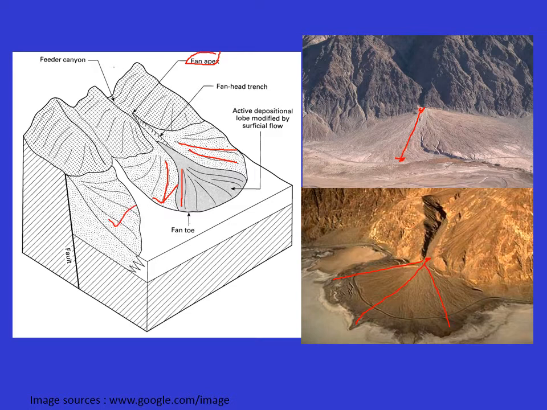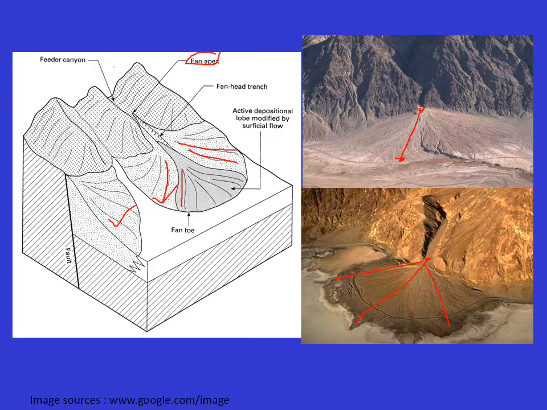If they cover a wide area and together mix with each other, it produces an apron of alluvial fan covering the entire foothill portions. So this is called then Piedmont alluvial fan.